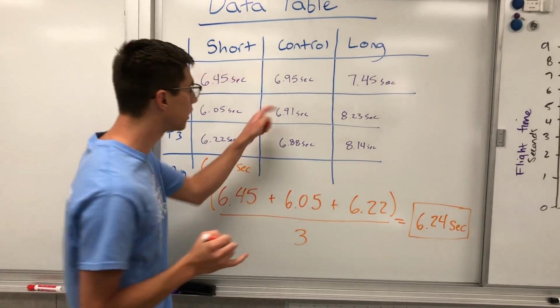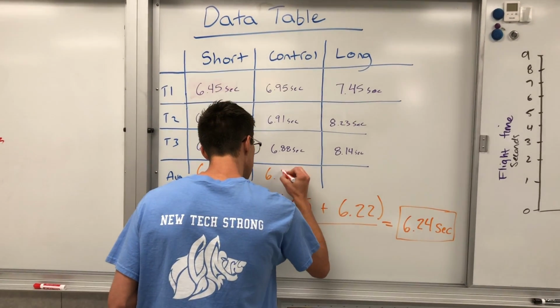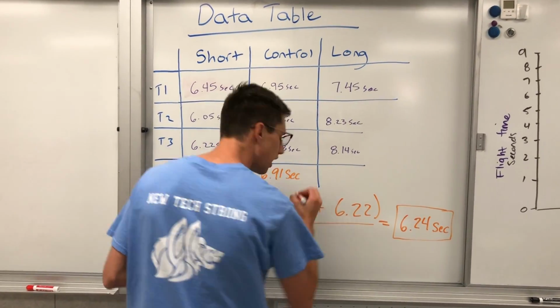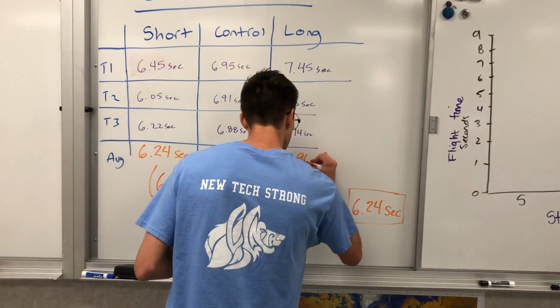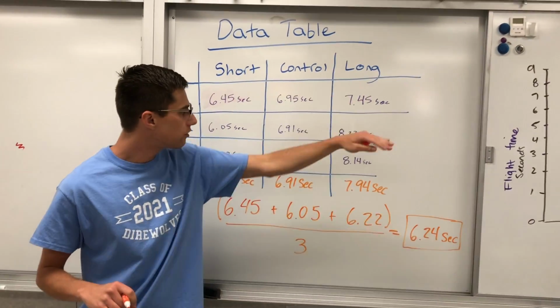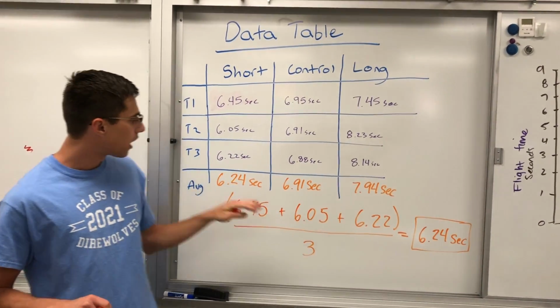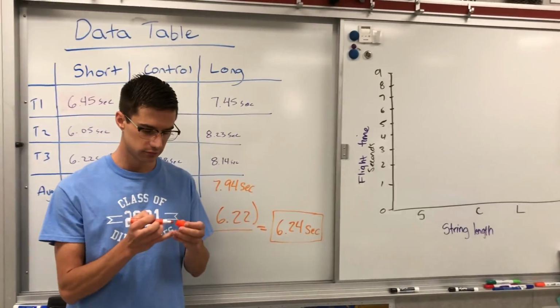And we've already calculated the other 2, which are 6.91 seconds and 7.94. All right, awesome. So we've got all of our trials, averaged them all out, and now we're going to take a look at these averages and plot them on this bar graph over here.